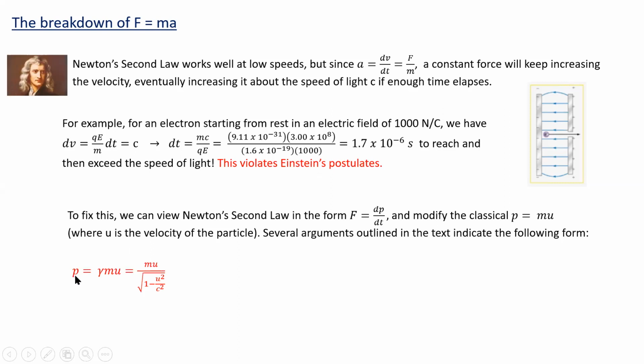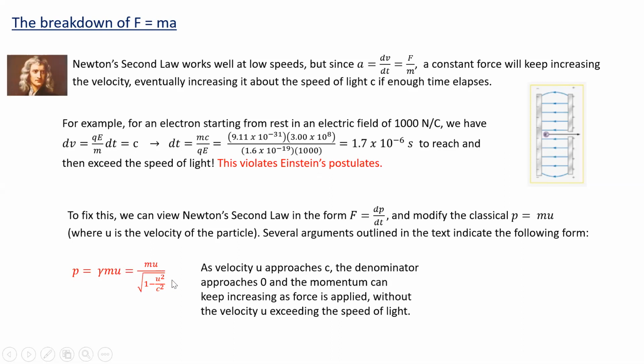And the form is this. The momentum p is equal to gamma, our gamma factor, times mu. So it's just our classical momentum mu times the gamma factor. And the gamma factor, remember, is 1 over the square root of 1 minus the velocity squared over c squared. So this would be mu over the square root of 1 minus u squared over c squared. So why does this work?